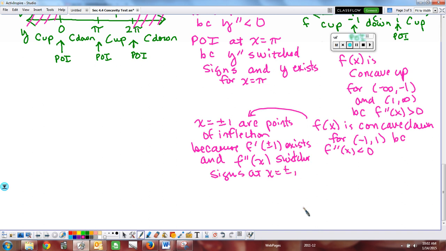All right? So now I kind of got away with saying f prime of plus or minus 1 exists, which means that there was a tangent line there. Oh, now I really can't say that, right? Because that would then take out the vertical one, because at x equal to plus or minus 1, there are tangent lines.